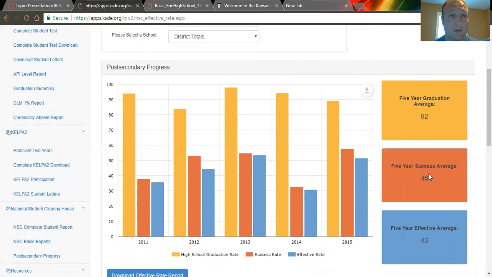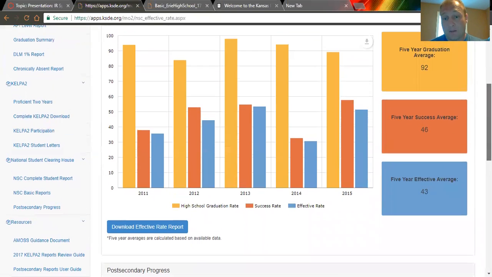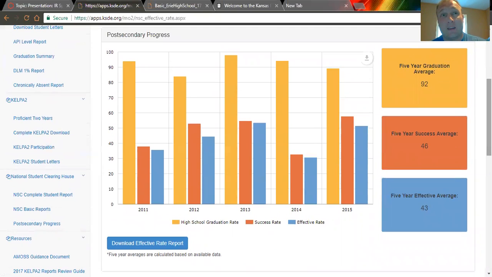So we have a success average, which is the amount of students that graduate and then either make it through 2 years current of constant enrollment in college, or they already have a degree, or they get a professional certification. And then the effective rate is a combination of the graduation and success. So this looks at all your students, even non-graduates, how did they do?